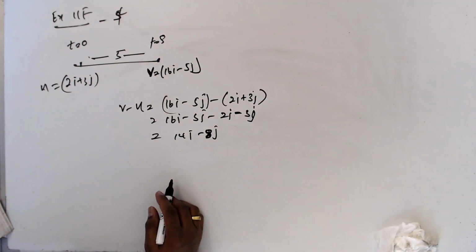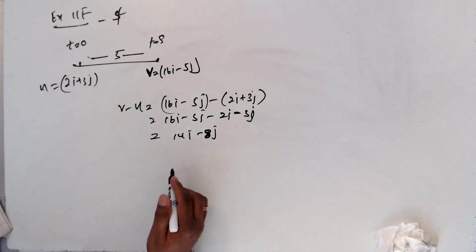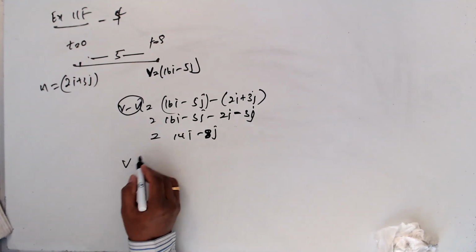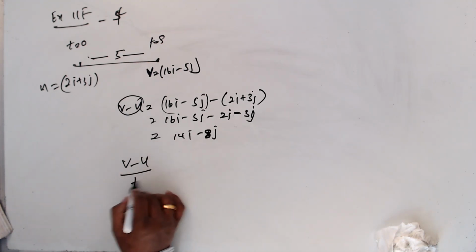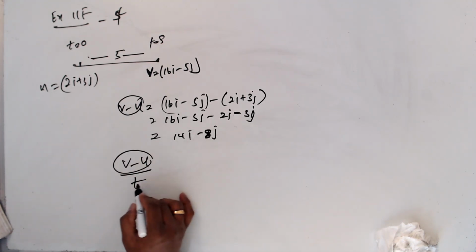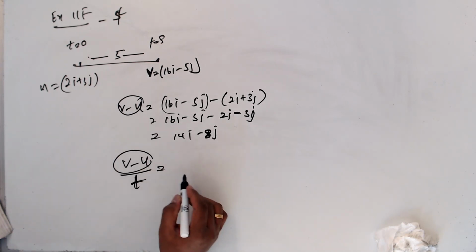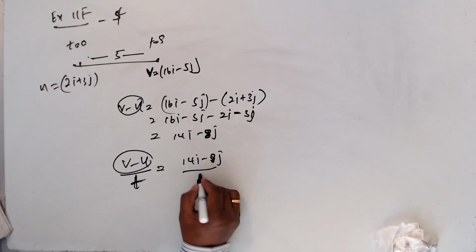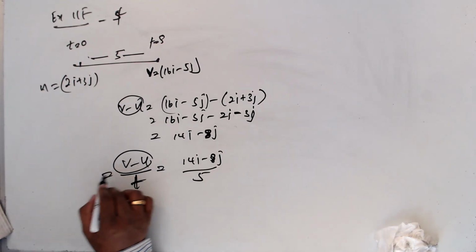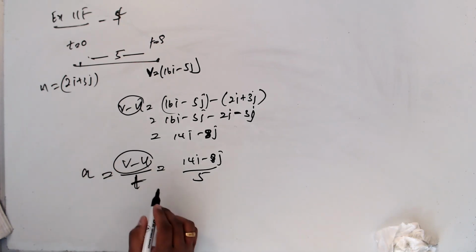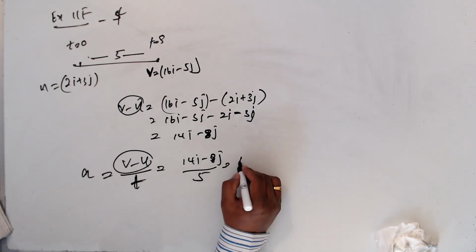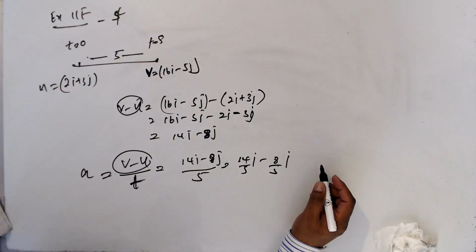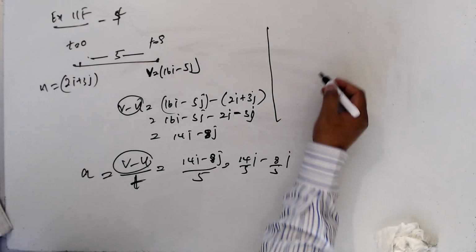When you divide this difference by time, the velocity difference divided by time, which is 14i minus 8j divided by 5, in physics we define this as acceleration. So 14 over 5 i minus 8 over 5 j. In year 10, this kind of sum you may work out.